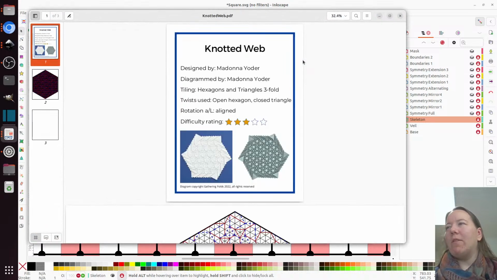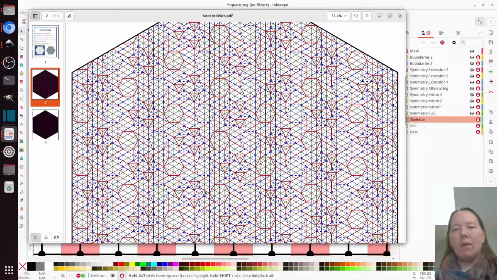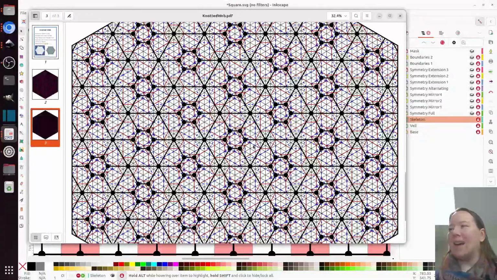Anytime I have a PDF crease pattern, I have some information about it, photos of the front and back, and then the crease pattern itself, and then the skeleton on the crease pattern.